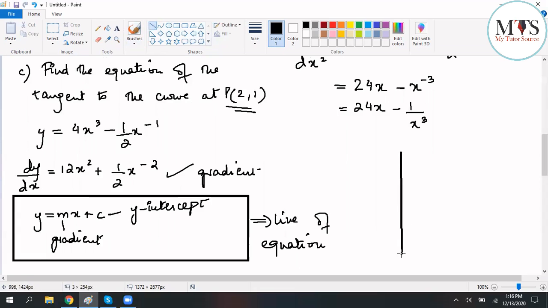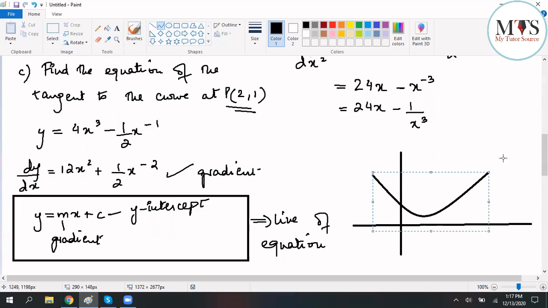Let me just draw a rough diagram. Let's say this is our curve, okay? And this is the tangent at this point, supposedly.